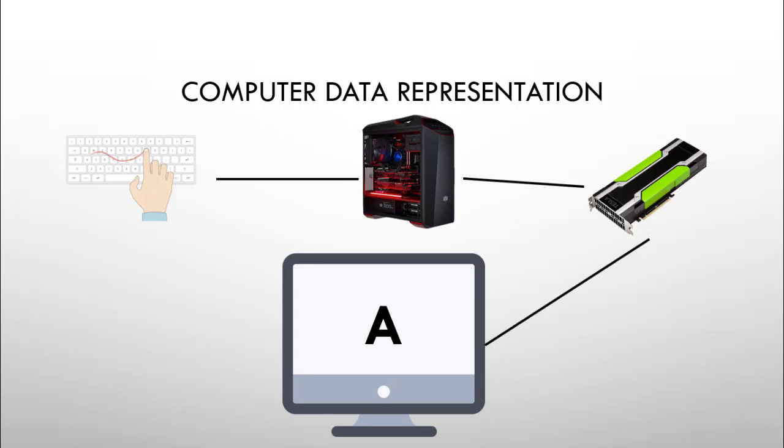Now when this happens, whatever input devices you are using, it will always send a signal to the system unit, and from the system unit it will be converted to binary, and then from there it will go to the video memory, and whatever changes should happen according to your input will be displayed on your screen. So this is how data travels inside your computer.